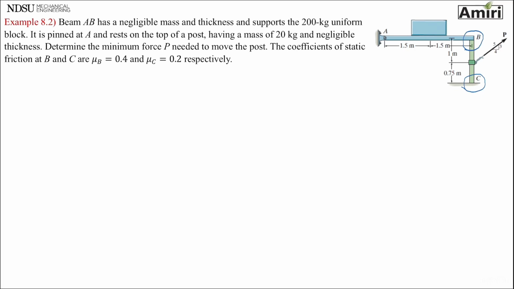So this problem is not clear which one is going to move first. So the way to work is I just work my problem the normal way without using the equation of friction, and then I have to figure out if one of them moves before the other one, or I have to just assume for one of them and do it.